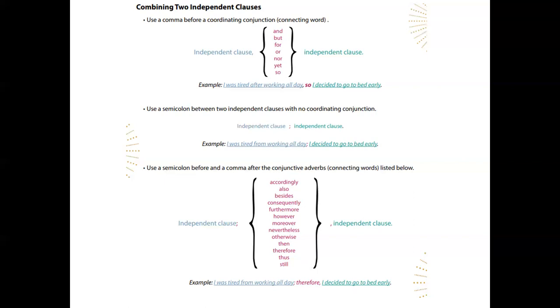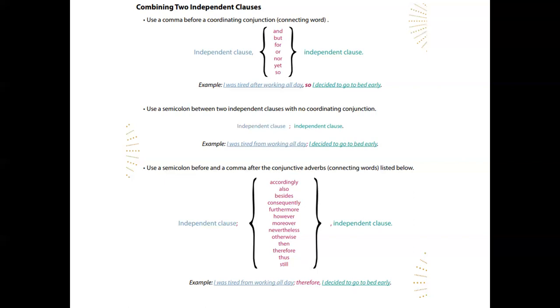These connecting words are limited, so do not use other connecting words besides these. So: independent clause, comma, then conjunction, then no comma, go directly with another independent clause.